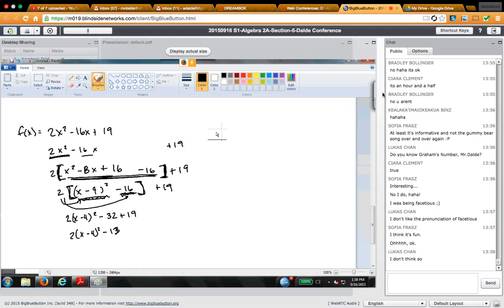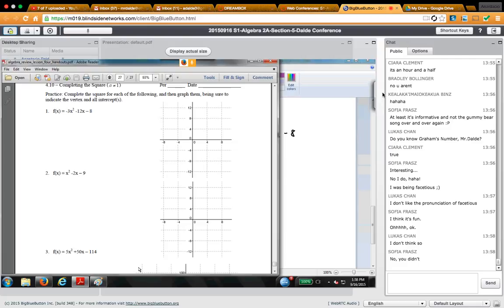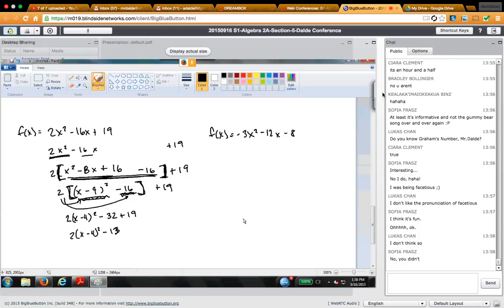f of x equals negative 3x squared minus 12x minus 8. I will give you homework on this because this is important stuff. I'm going to put a big space. Negative 3x squared minus 12x minus 8 is way over here. I'm going to factor out a negative 3, but I'm only going to do it to these terms right here, so I'm going to close off that parentheses before the minus 8.